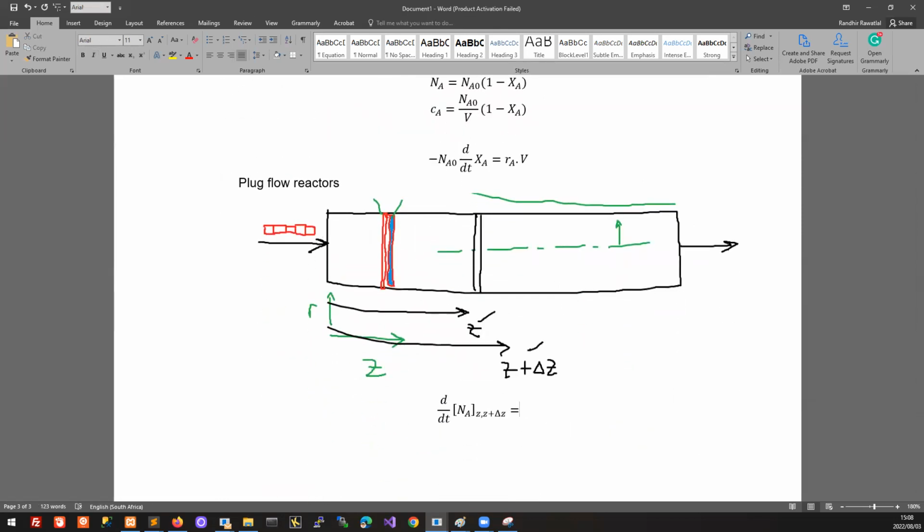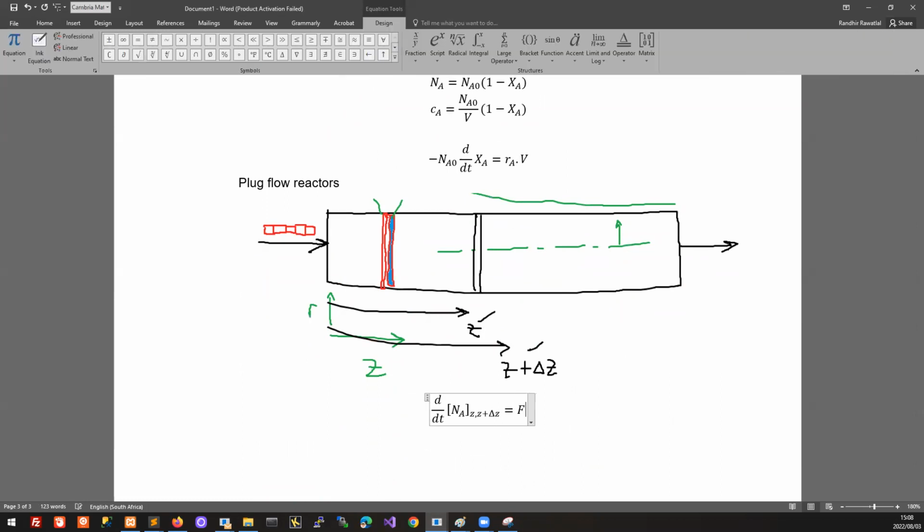So it's a kind of internal molar flow rate of component A, and so we have to specify at what position. The molar flow coming in at position Z will enter this plug, the plug that's over this space here. And then leaving the space will be the flow at position Z plus delta Z, right? So that's flow into and out of the space.